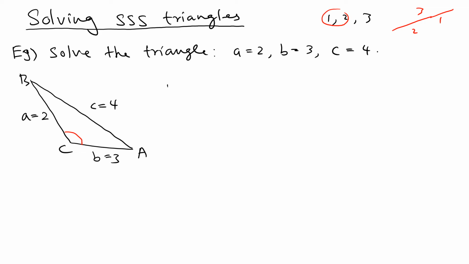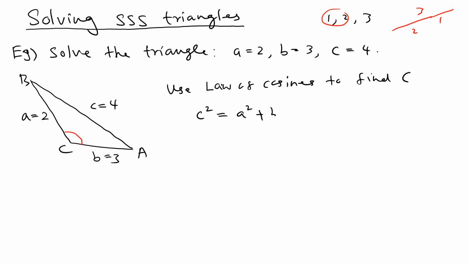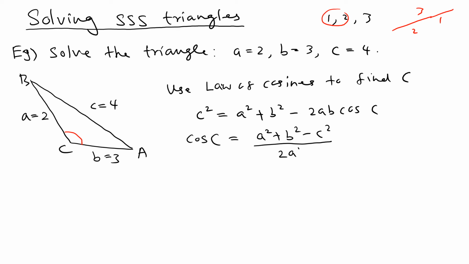We use the law of cosines to find C. C squared equals a squared plus b squared minus 2ab cosine C. This says that cosine C equals a squared plus b squared minus c squared divided by 2ab.